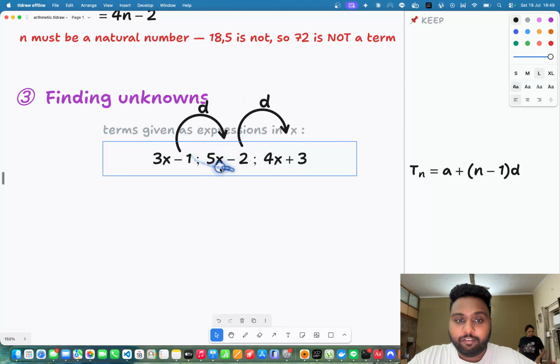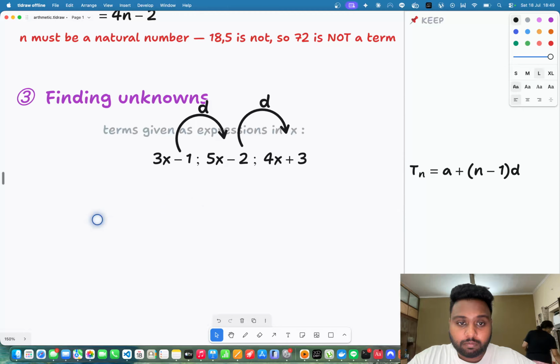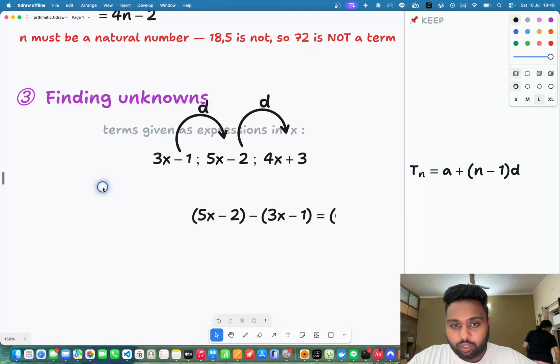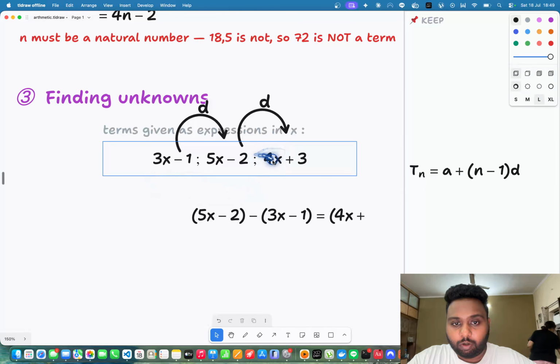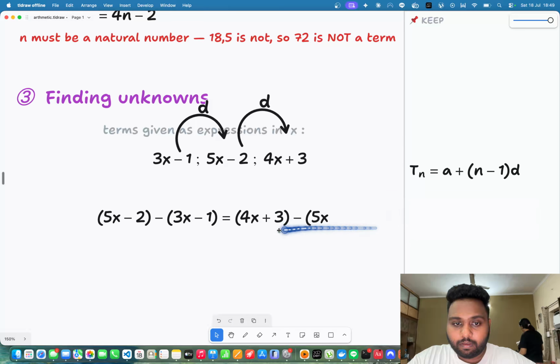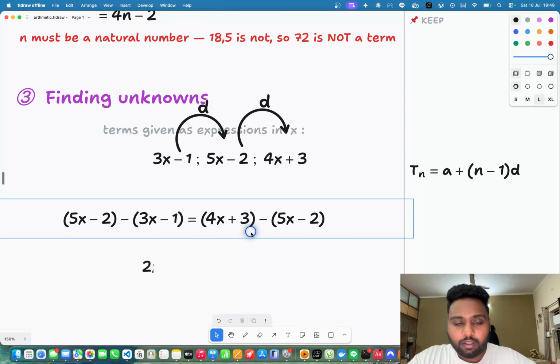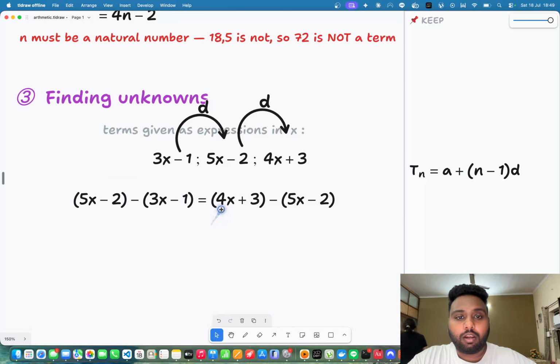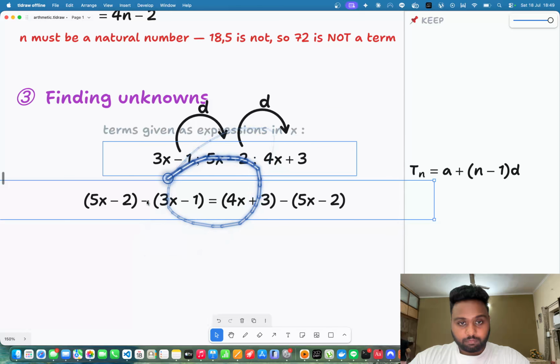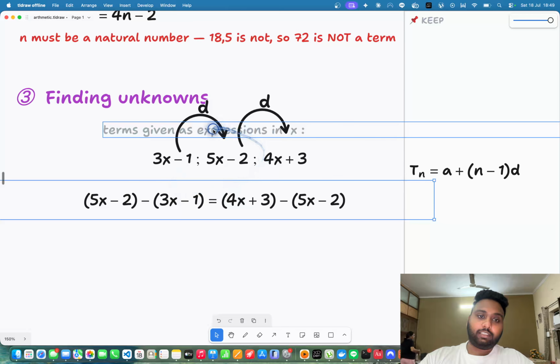So let's say 5x minus 2, this term minus this term should be equal to this term minus this term. Let's try this. Can we say something like this? Now this term minus this term is equal. Hope this makes sense.